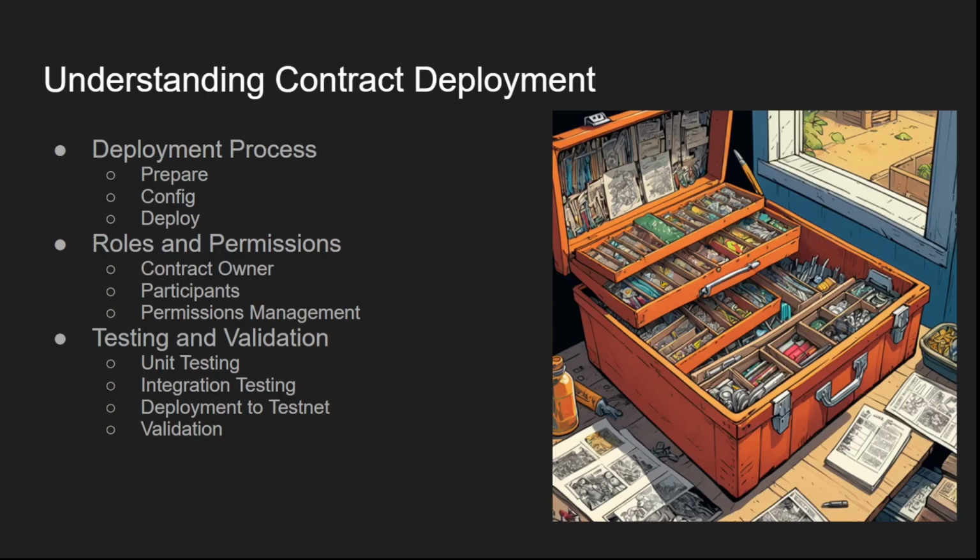The entity that deploys the contract typically has special permissions to manage and update the contract. Participants should be considered as well. Define the roles of participants who will interact with the contract, such as buyers, sellers, and administrators. Be sure to specify what actions each role is allowed to perform.